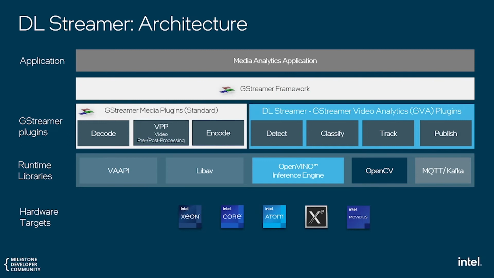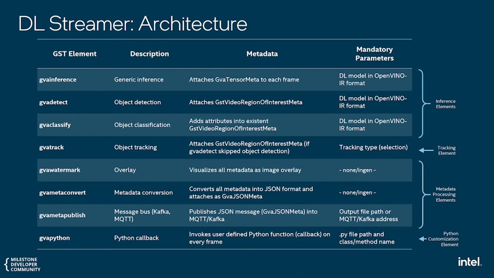Plugins span across object detection, classification, and tracking. GVA plugins for metadata handling also include metadata conversion, publishing, and rendering for data visualization. Standard GStreamer library and elements rely on native APIs and runtime libraries, including VAAPI and libav, for codec implementation and video pre-processing. They utilize the OpenVINO engine and OpenCV libraries.